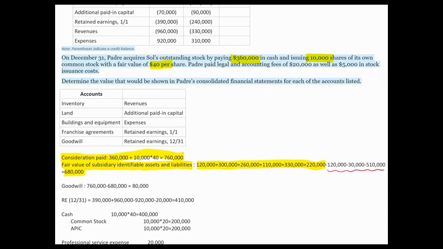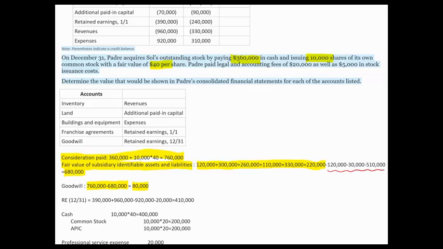In other words, the parent company is able to obtain all the assets, but at the same time they have to assume all the liabilities. And in this transaction, the total consideration paid is larger than the fair value they acquired, and that's goodwill. Otherwise, the goodwill would be zero. The amount they overpaid, $80,000, is the amount of the goodwill.